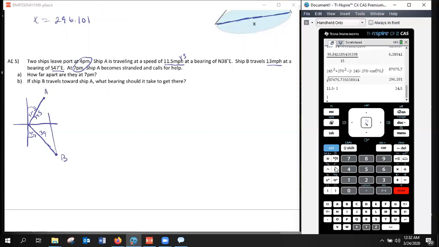So let's draw on the rest of this triangle. And I have two sides, but I really don't have any other information unless I go ahead and use the two bearings. If that's 38 and that's 47, we will take 180 minus 38 minus 47 to figure out that we have a 95-degree angle in between.